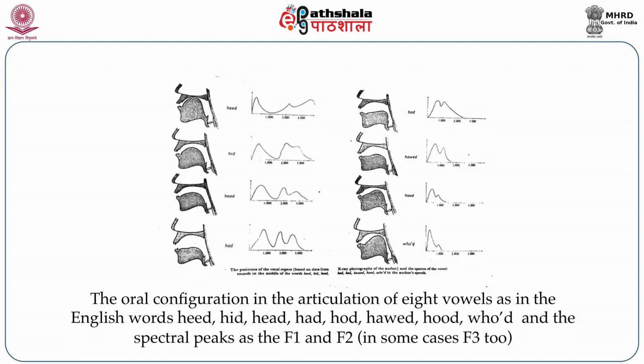This is actually the sounds articulated, the position of vocal organs based on data from sounds in the middle of the words: heed, hid, head, had, hod, hood and who'd, which means 4 front plus 4 back vowels along the peripheral area of the cardinal vowel chart.